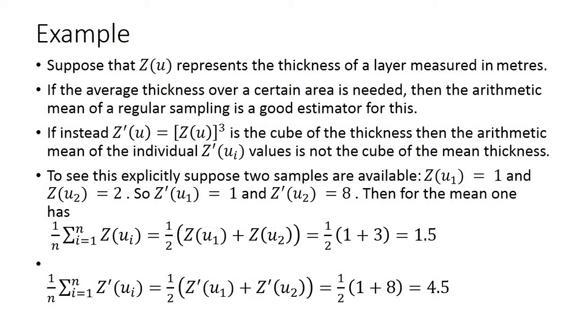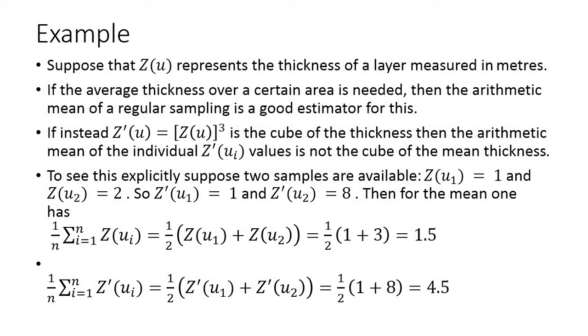But if instead we use a cube of that number, for example, Z'(u) equals Z(u) cubed for the thickness, then the arithmetic mean of these individual Z'(u_i) values is not the cube of the mean thickness. To see this, let's consider Z(u1) equal to 1 and Z(u2) equal to 2.